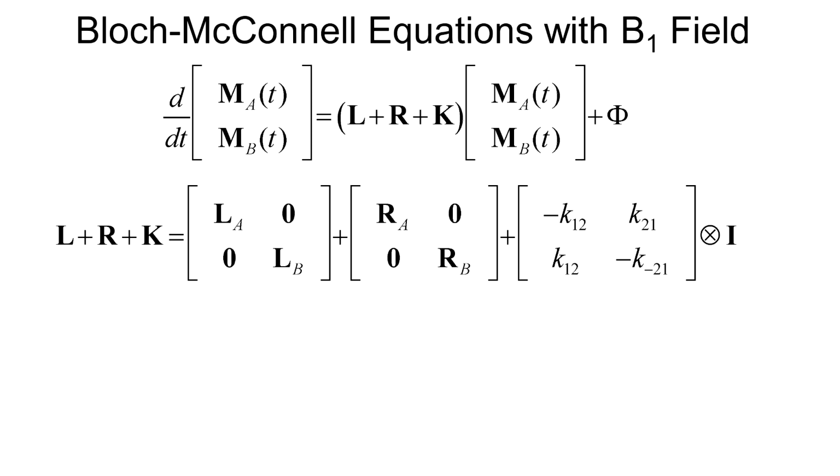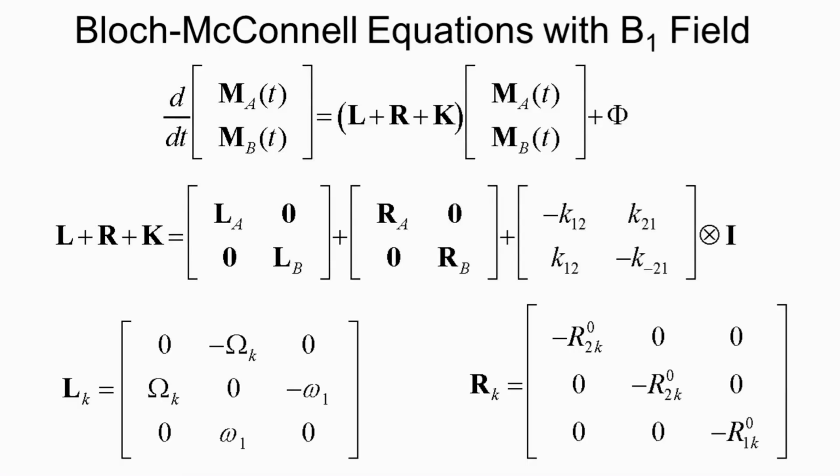Those are called LA and LB here. A matrix of relaxation rate constants from other relaxation processes, and then the exchange matrix. The exchange matrix needs to be expanded up to be 6 by 6, and that's done by what's called a direct product, which is a standard mathematical approach.